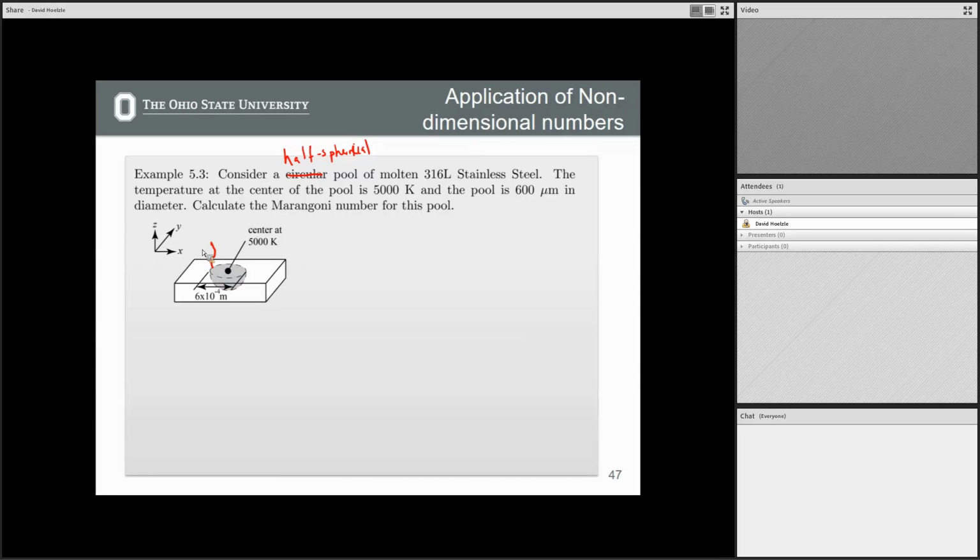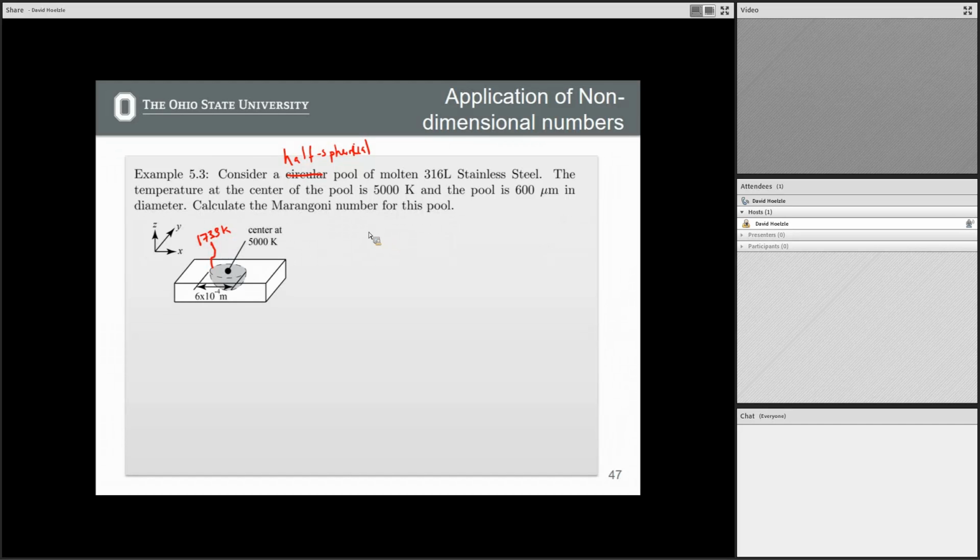It's 1733 Kelvin, right? At this very edge. Melt pool is 600 microns in diameter. Calculate the Marangoni number for this pool. All right, to understand these relationships.